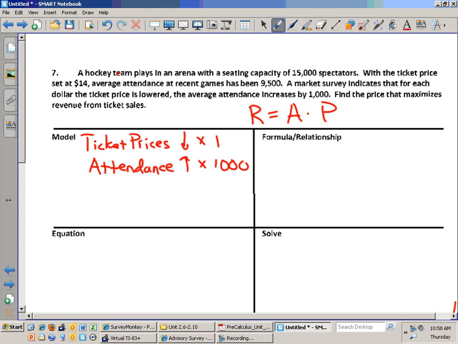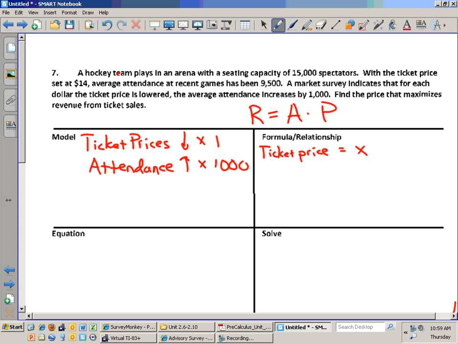Okay? So let's have the price of the ticket equal X. Then let's do this. We need to lower it by a certain amount, right? So let's say the ticket price was $13.